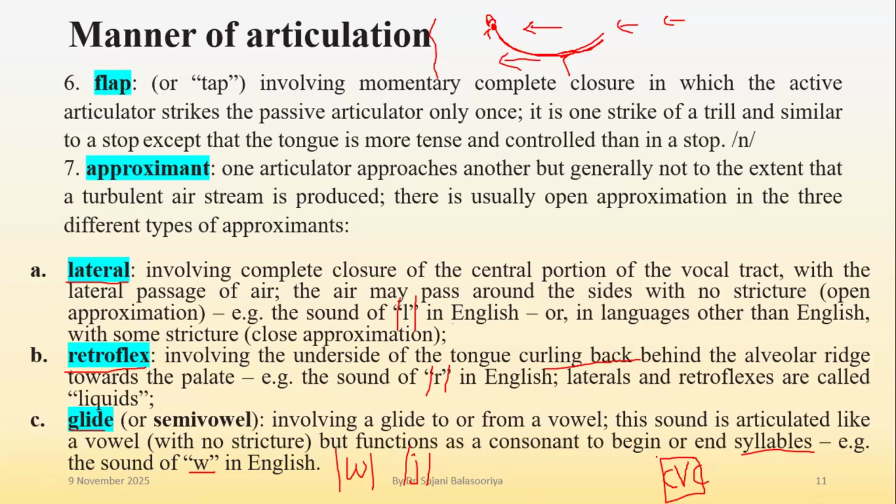Okay, at the end of a syllable or at the beginning of a syllable, along with another vowel sound, we might find "were" and "year". Like when you think about the word yellow, the starting sound is y, and yogurt, y. In the word yellow, there are two syllables, ye and lo.